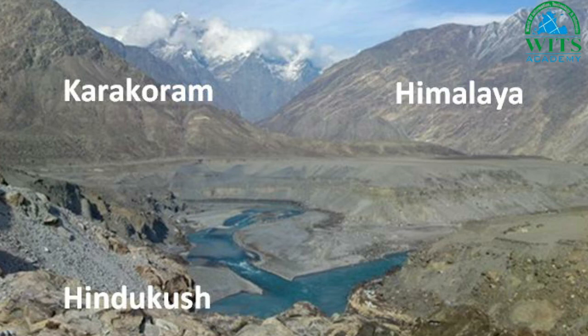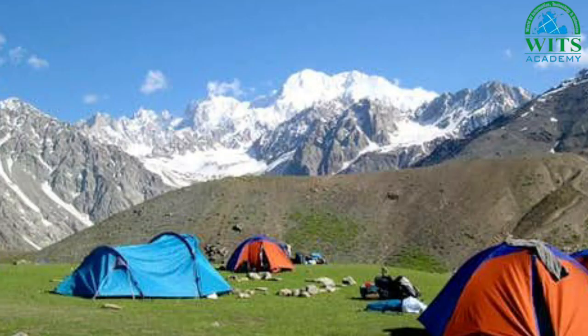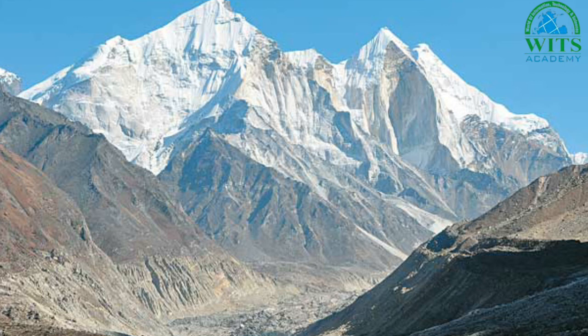Karakoram is the family of four of the 15 highest peaks around the world, and luckily, all four peaks are located in Pakistan's province Gilgit-Baltistan.